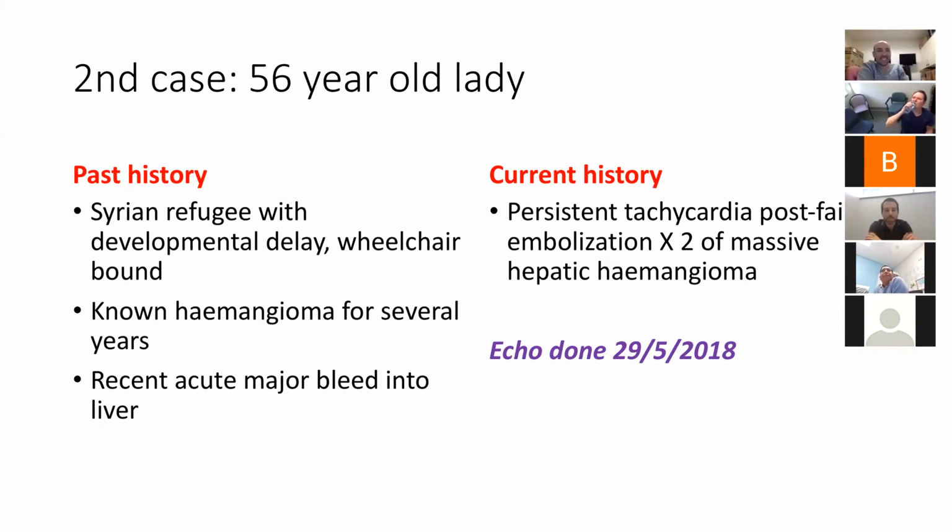Now, this is an interesting lady. She's 56 years old. She was a Syrian refugee with developmental delay and had been wheelchair bound for some years. She had a known hemangioma in her liver for several years. In fact, it had been diagnosed 6 years previously while she was still in Syria, and it had grown since then, and she developed an acute major bleed into her liver.